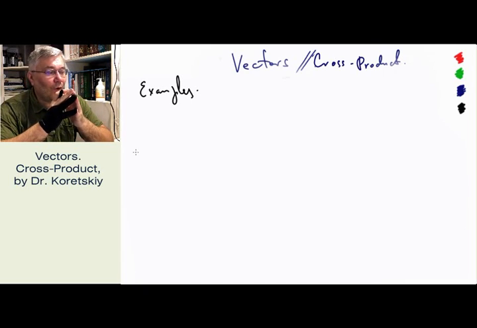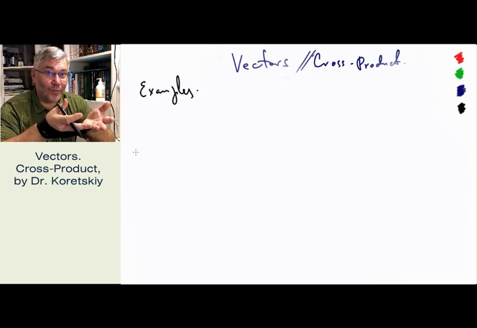Okay, and about cross product as a definition, you can notice that otherwise than dot product, here we have the cross sign for identifying multiplication, and since that it is a cross product.